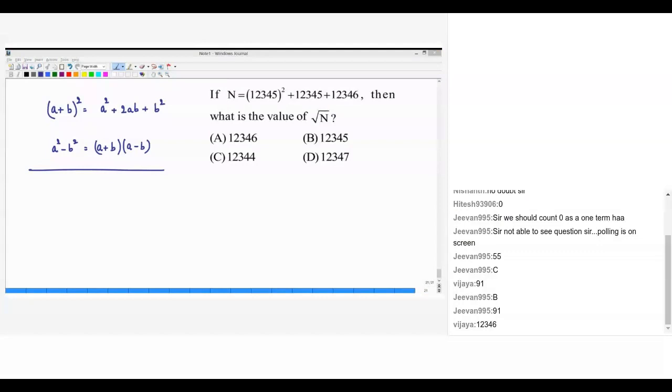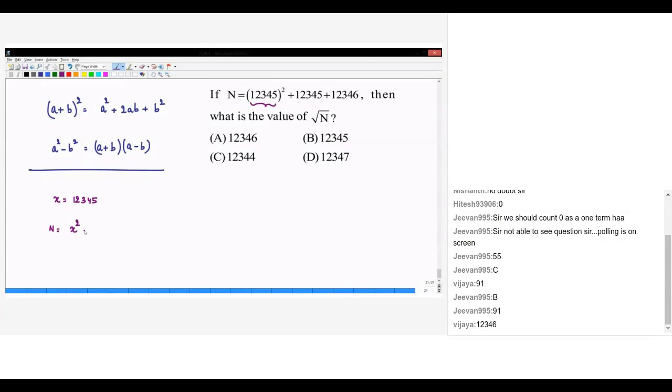Yeah. If I take this as x, then n will be, so x is what? 1, 2, 3, 4, 5. n will be x square plus x plus x plus 1.